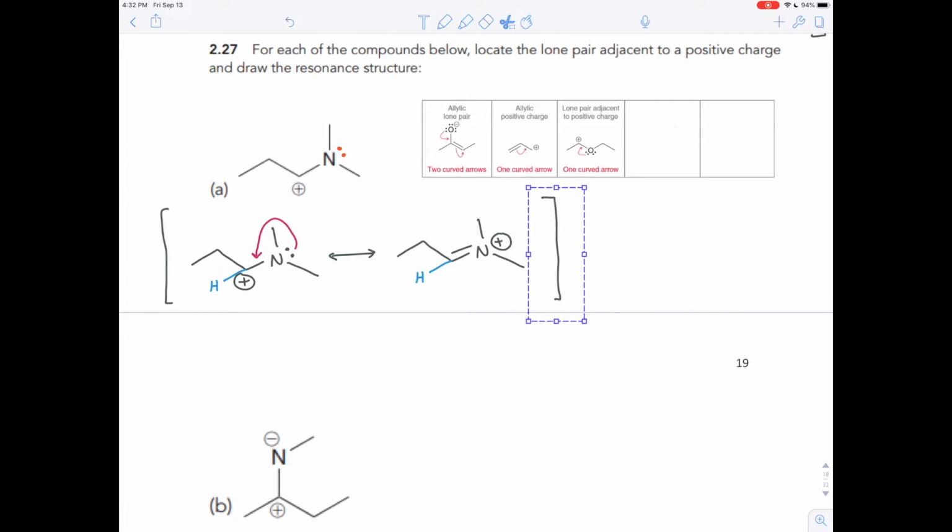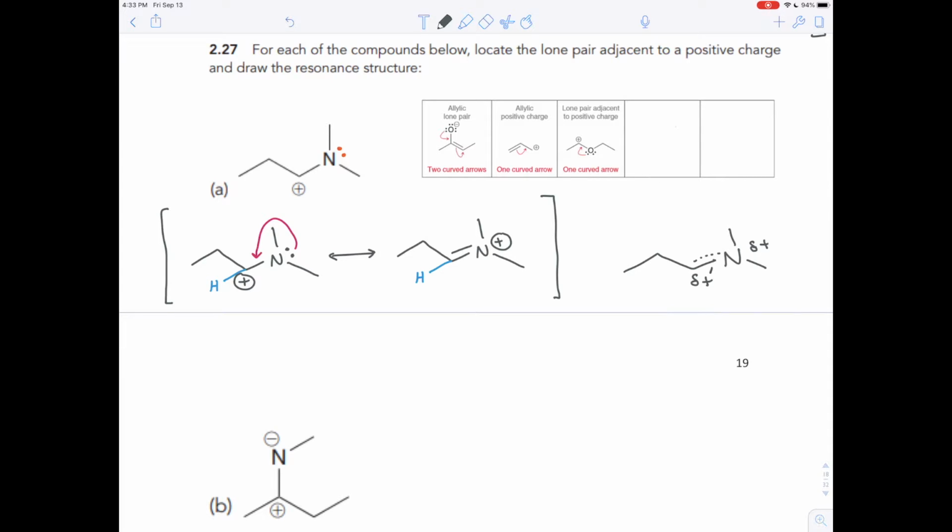The true structure would not ever look like this, and the true structure would not ever look like this. The true structure would always only look something like this.